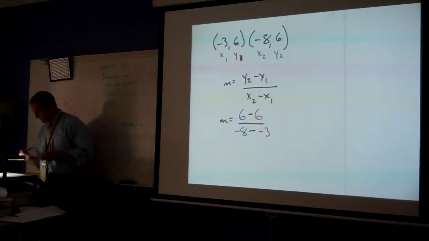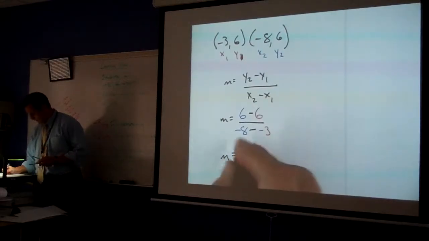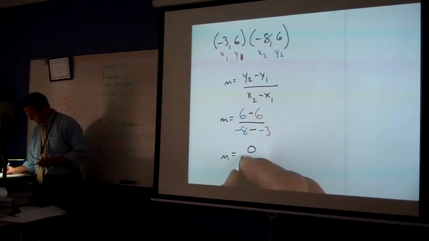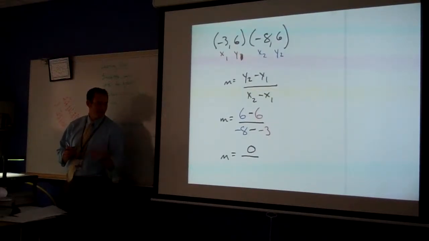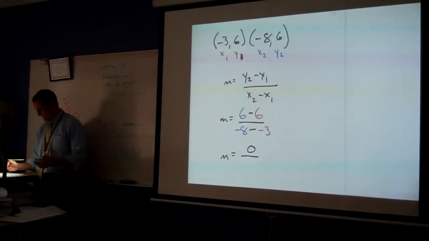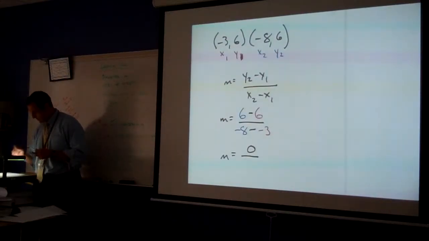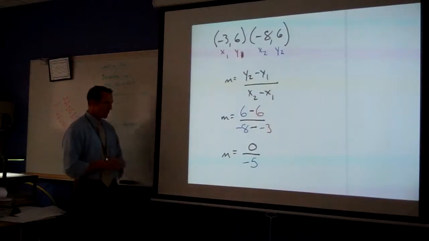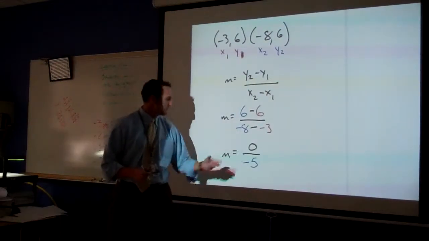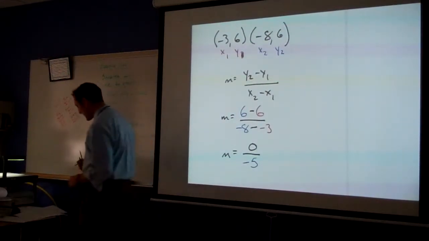Now what we do is subtract correctly. 6 minus 6 is 0. On the bottom we have -8 minus -3. It is not -11. If you're subtracting correctly, you will get -5. So the slope is 0 over -5. Can we simplify this fraction? Yes, we can.